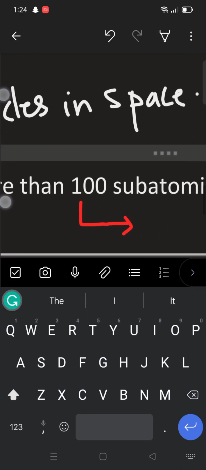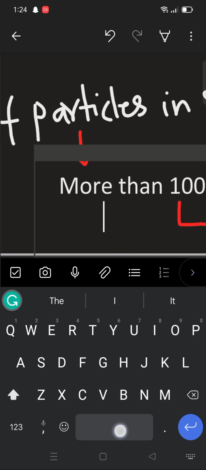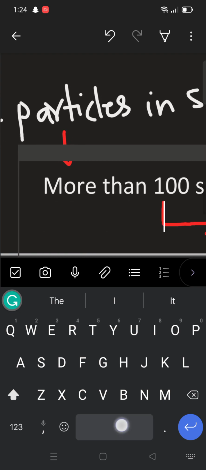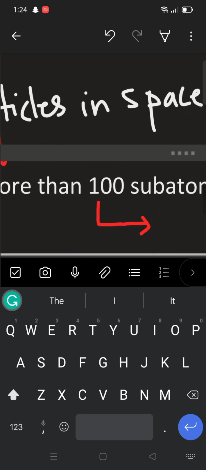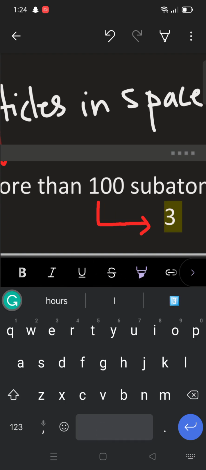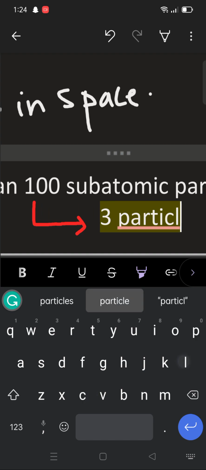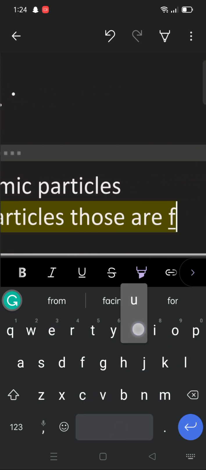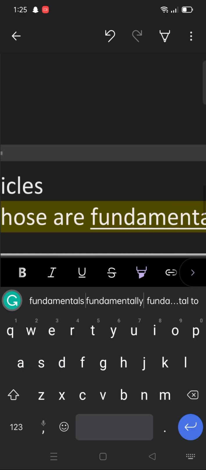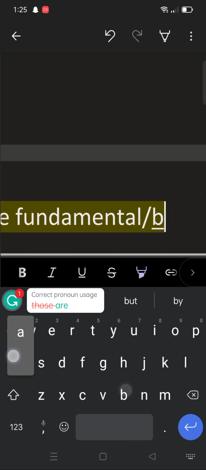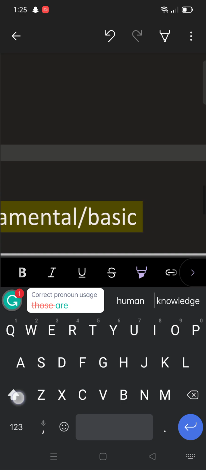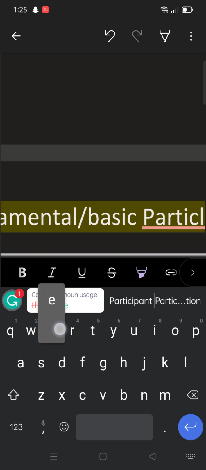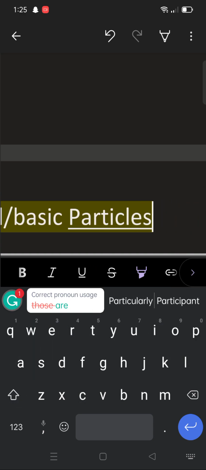Let me write that here. Among these 100 subatomic particles we have three particles. Those are fundamental, or you can say basic particles or subatomic particles, right?